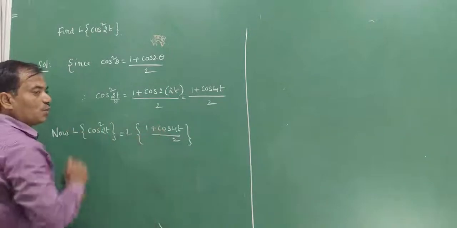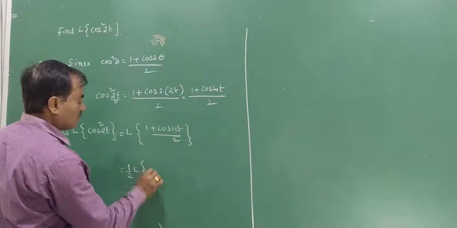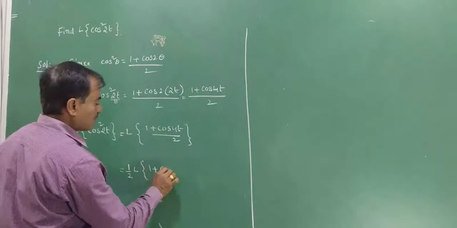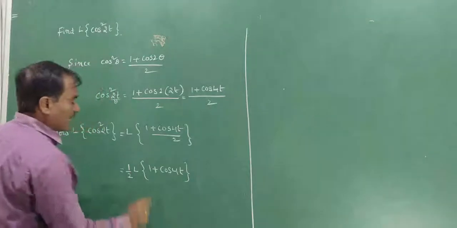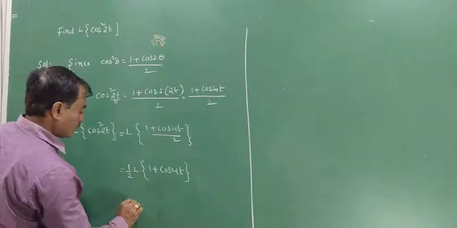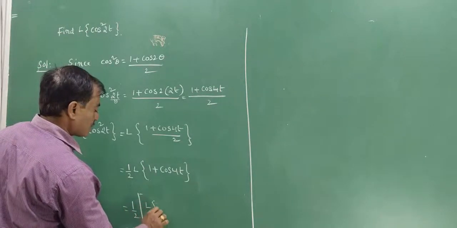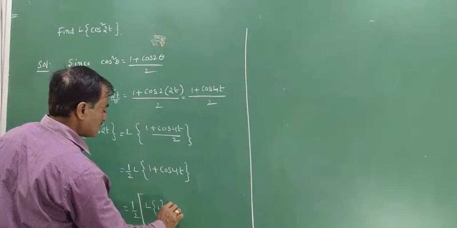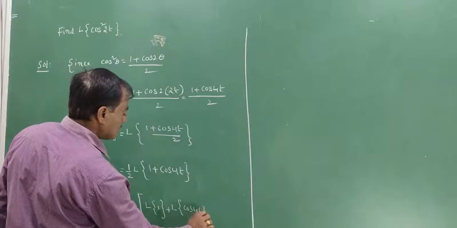Here 1 by 2 is a constant, so shift it outside the operator. The remaining terms are 1 plus cos 4t. Now we apply the operator to each and every term. Therefore we get 1 by 2 of the Laplace transform of 1 plus the Laplace transform of cos 4t.